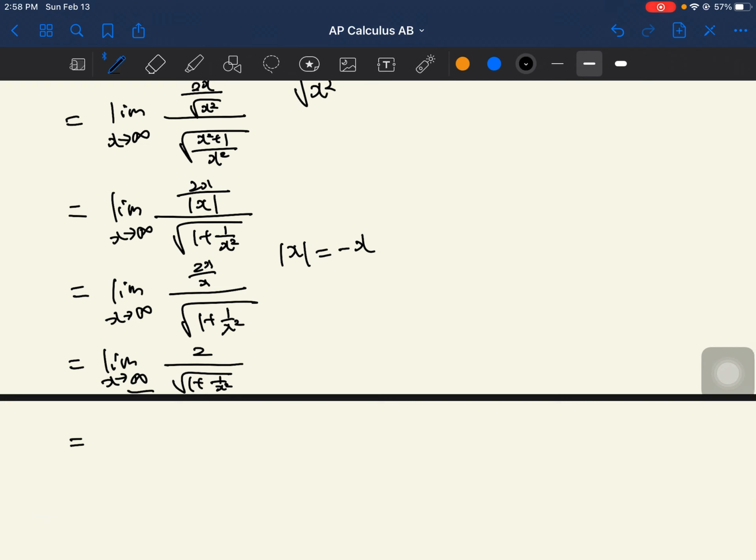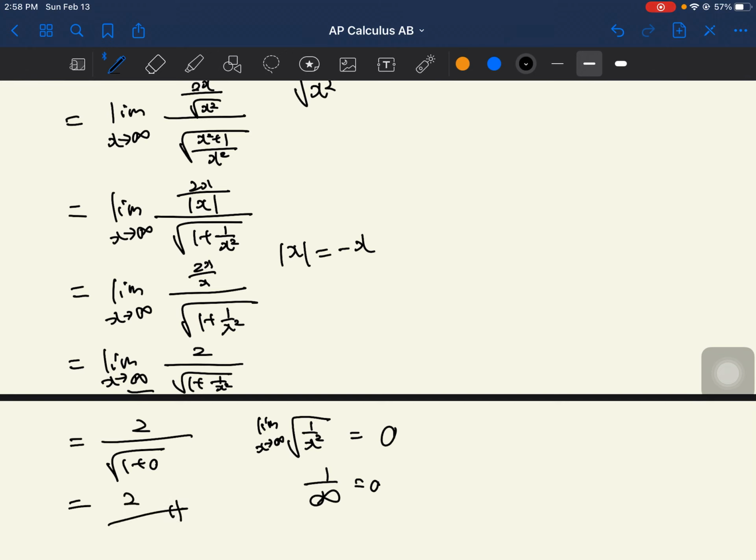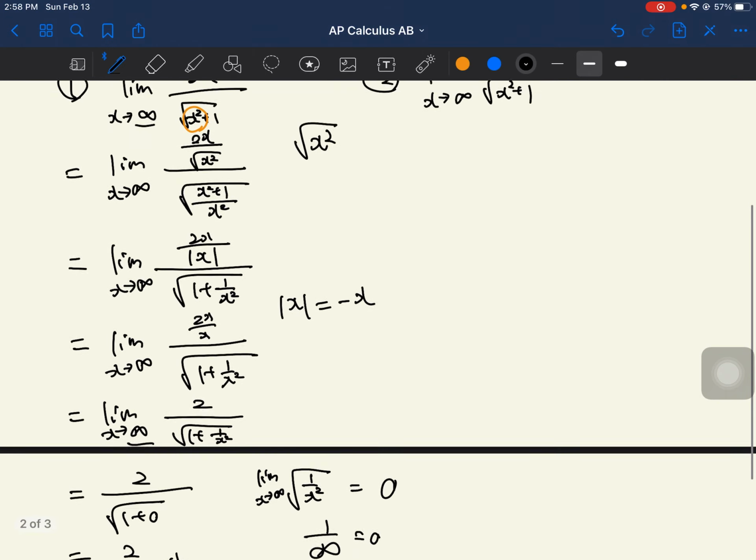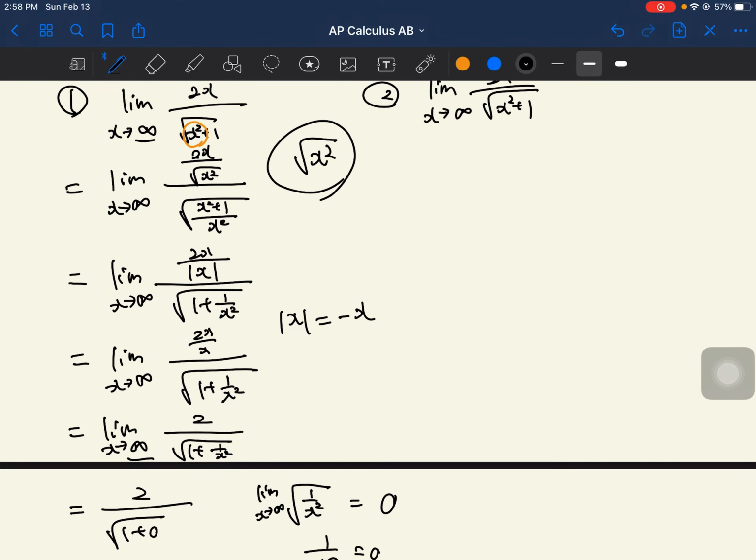If you put infinity into the square root of 1 over x squared, it's going to be 0, because 1 over infinity is 0. So what's left over is 2 over the square root of 1 plus 0, which is 2. This is the answer.